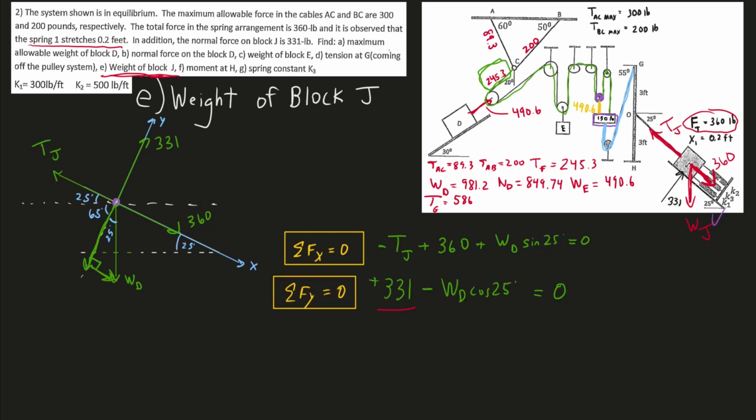And in the y, we have 331 going up in the y from our normal force, and the y component of our weight is obtained using the cosine. So we can solve for the weight of J using our sum forces y equation. And of course, it's not the weight of D, it's the weight of J. My apologies again for here as well.